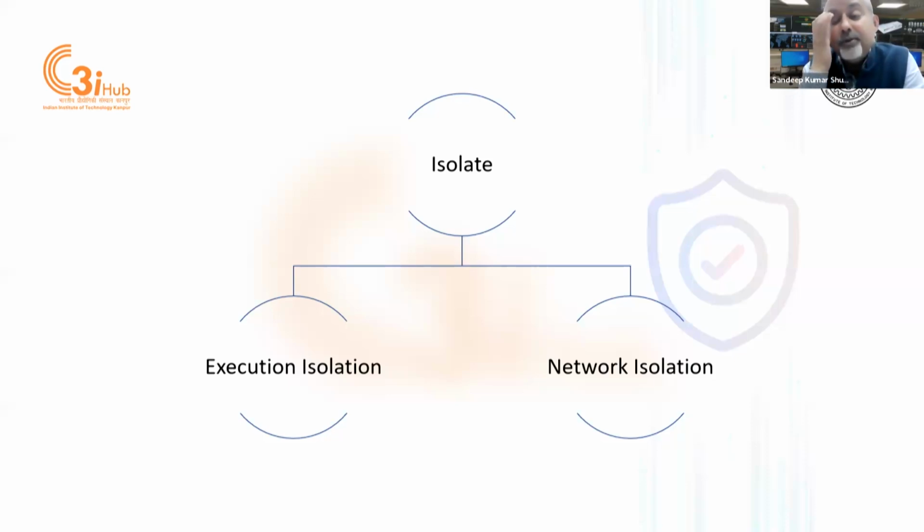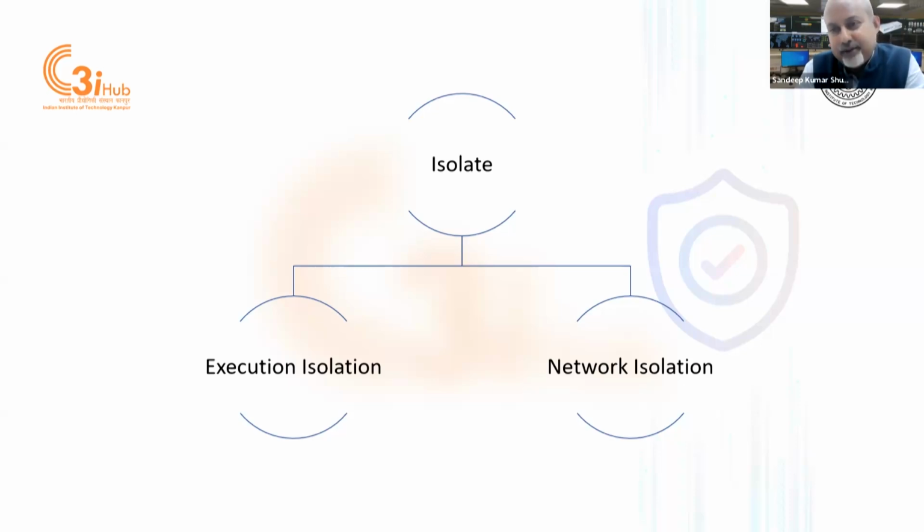So you want to create isolation. There are two types of isolation. One is that applications may be isolated from each other to begin with, so that if one application gets compromised, it is isolated and cannot go and compromise the rest of the system, the network, or other processes. So that's execution isolation.